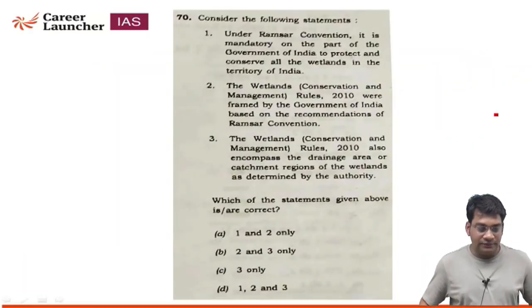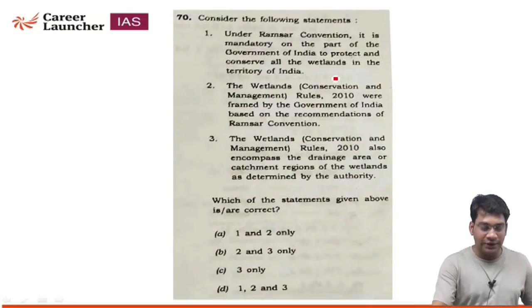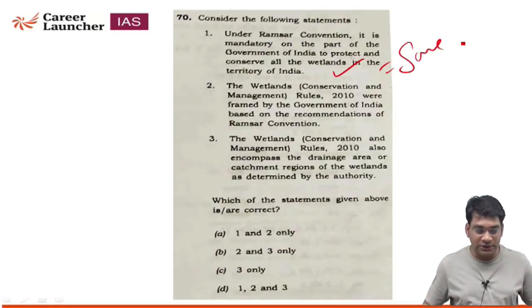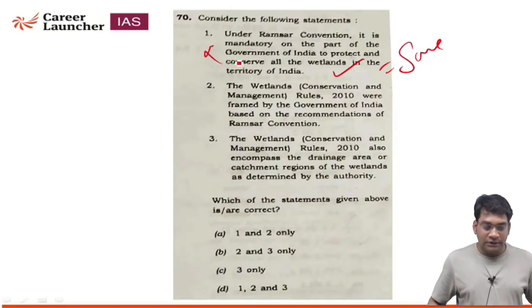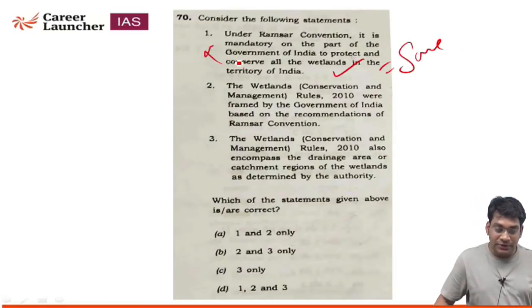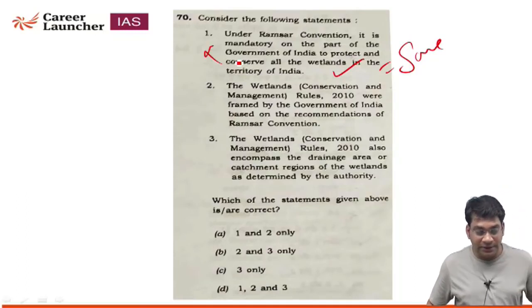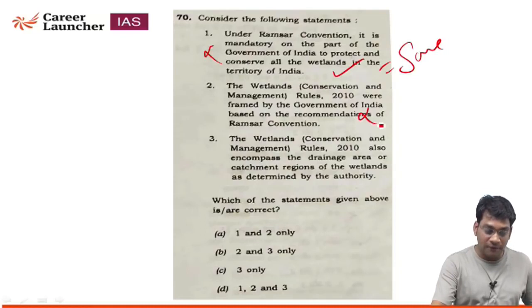Question number 75. Under the Ramsar Convention, is it mandatory on the part of the government of India to protect and conserve all the wetlands in the territory of India? No, only some wetlands are included under the Ramsar Convention, the rest are not. So statement 1 is wrong. The Wetland Conservation and Management Rules 2010 were framed by the government of India based on the recommendation of the Ramsar Convention. This statement is wrong.